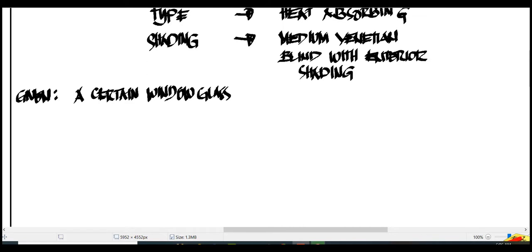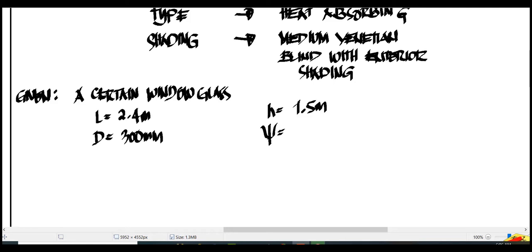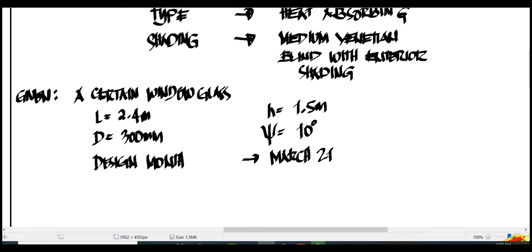Given a certain window glass, we have the design month, which is equal to March 21.